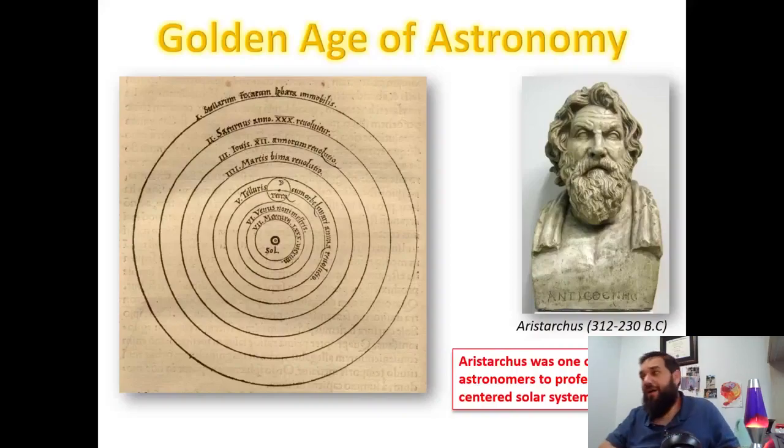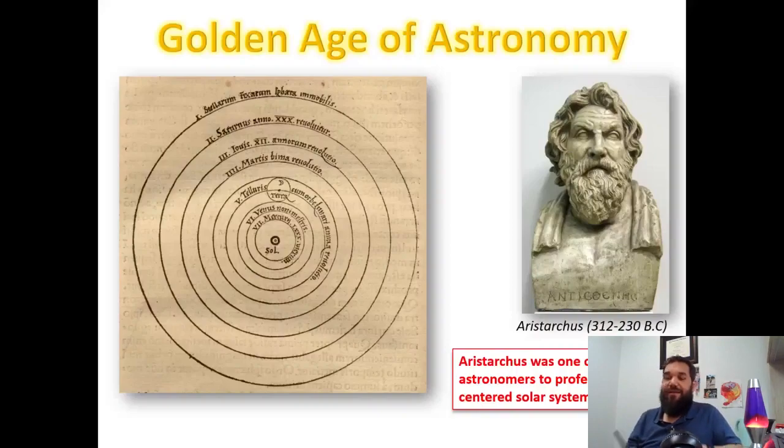Again, a very famous and important astronomer during ancient Greek times. Now, he was one of the first people, at least that I know of, who advocated for a heliocentric universe instead of a geocentric one.